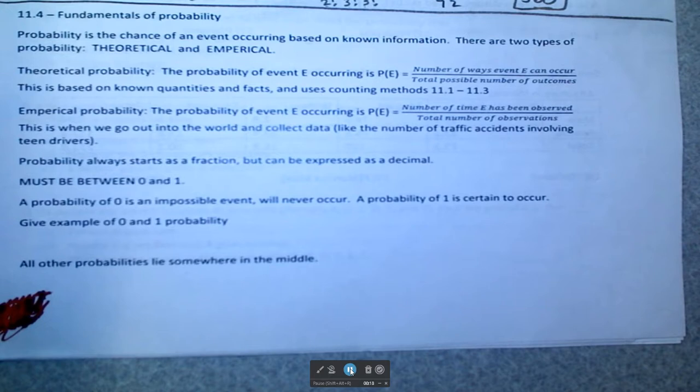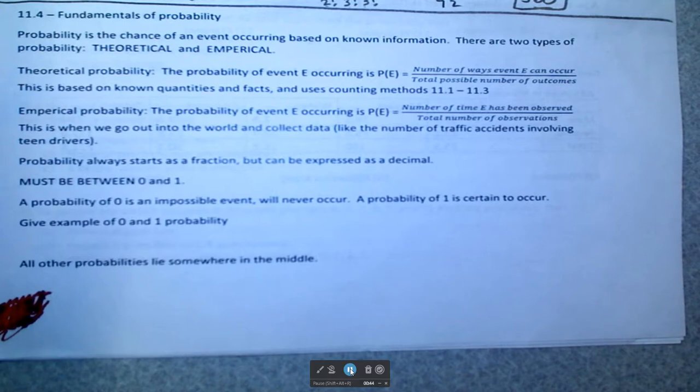Theoretical probability comes from known information, like how many sides are on a quarter, how many kings are in a deck of cards, things like that. Empirical probability comes from data or experiments from real life, like how many teenage boys had a total loss accident in 2019.